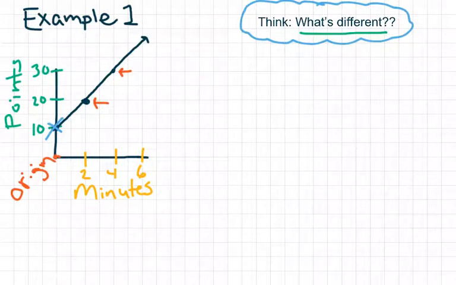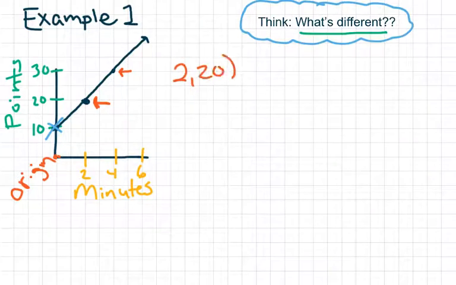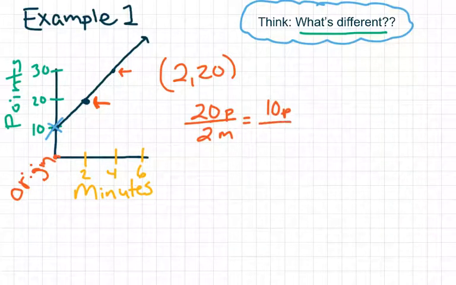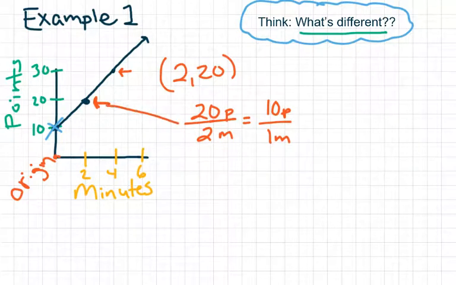So if we choose this first point here at (2, 20), to find slope or unit rate, we would divide 20 by 2. 20 is 20 points, divided by 2 minutes. If I divide that, I would get 10 points for 1 minute at this first point. So that would tell me that the unit rate was 10, 10 points per minute.